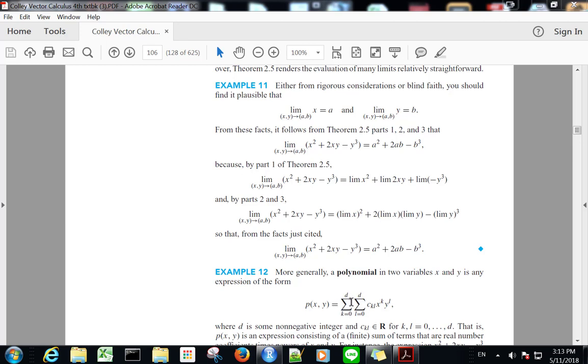This is like the outside one, and you set k equal to 0. So that means set this k to 0, this k to 0. Okay, so you get c sub 0 l, x to the 0, y to the l.